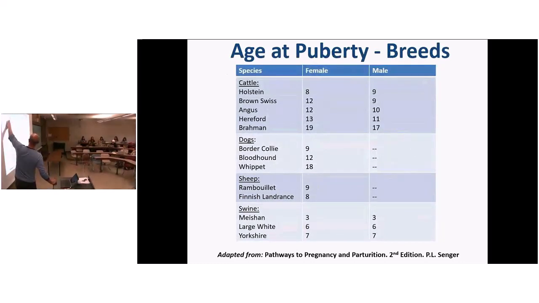And then you're going to see that, yes, it varies tremendously depending on the breed that you have. That has a lot to do with types of breeds, where they were selected first, if it was for temperate climate or for tropical climate, and that goes for dogs, sheep, swine.